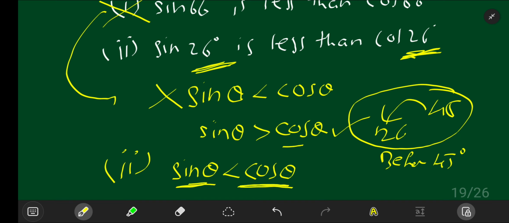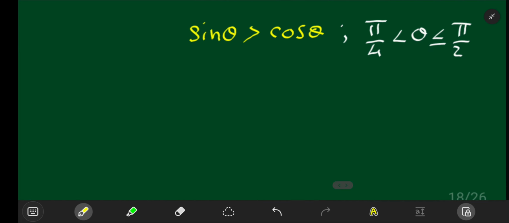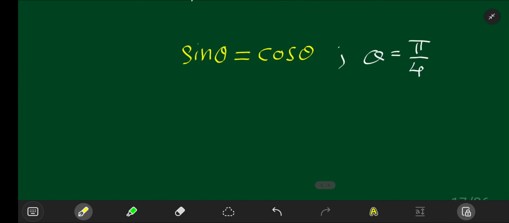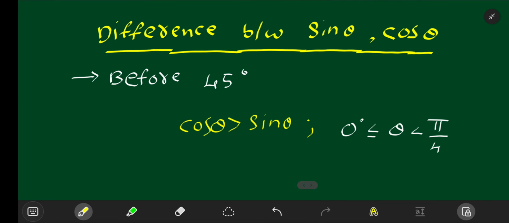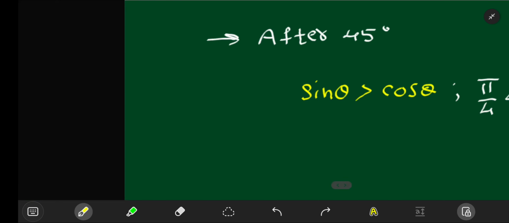Yes or no? Let me show the slide. Here is the slide. Before 45 degrees, cos theta is big. So remember this. Here I am saying that one only. 26 degrees is before 45 degrees, and before 45 degrees cos theta is big.